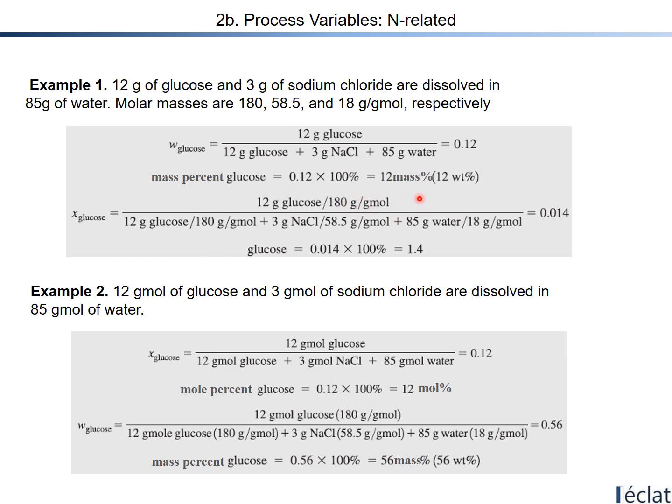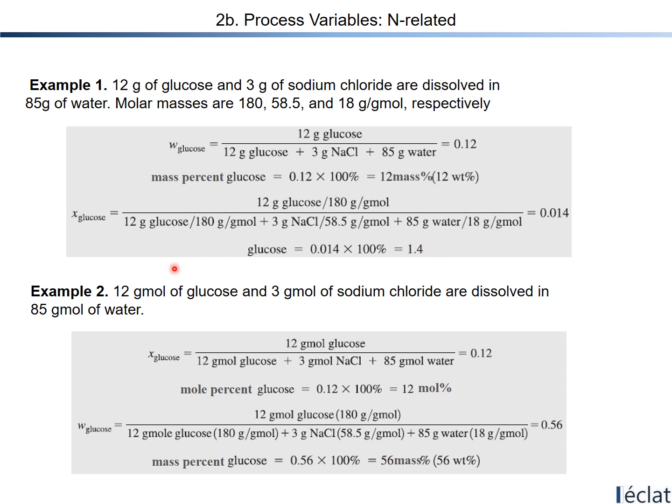The other species should have the same operation. How about sodium chloride? Which is 3 gram sodium chloride per each molecular weight. Water, the same. So the resultant answer is 0.014. I can say the mole fraction of glucose is 1.4% mole fraction.